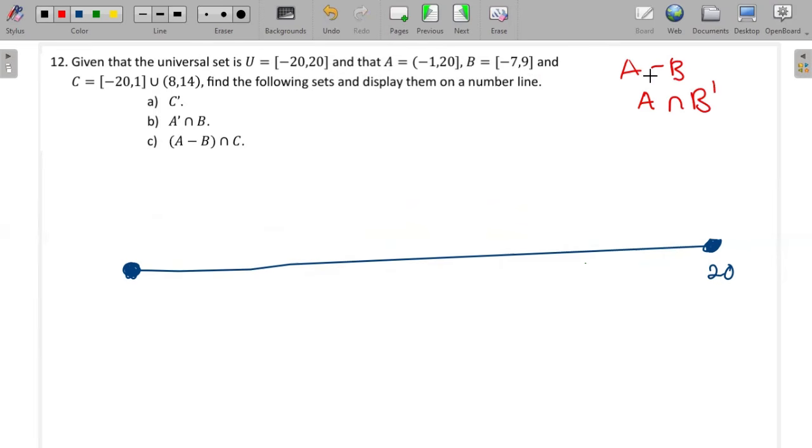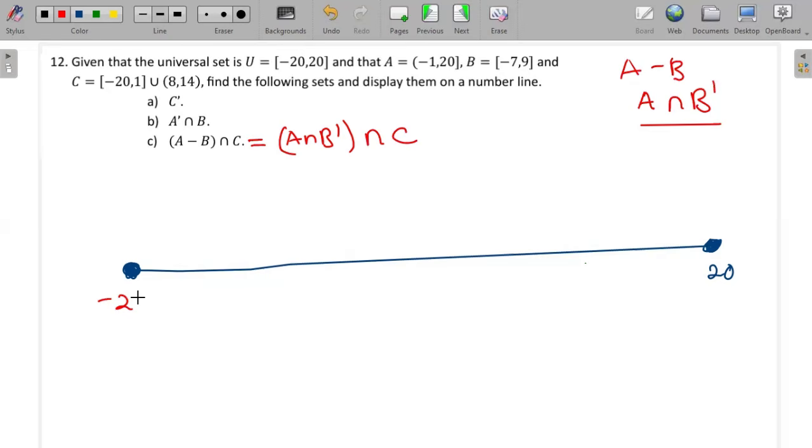So A minus B is the same as A intersection B complement. So this is the same as A intersection B complement inside the brackets, and then intersection C. Here we just want to see where the A, the B complement, and the C are intersecting. So let's plot these.